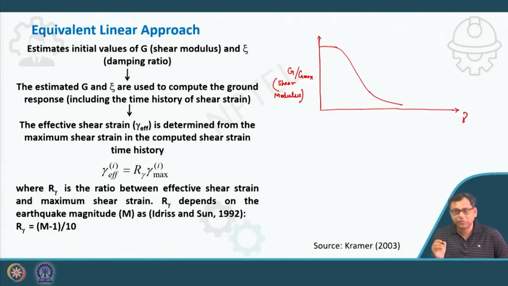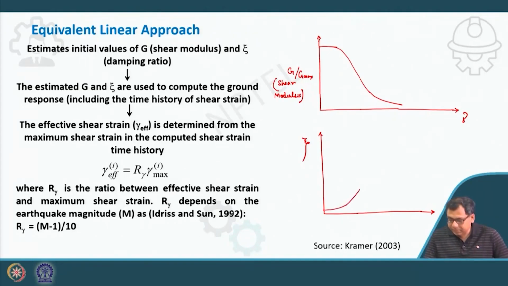So, these curves should be available. At the same time, for that soil, the damping ratio versus shear strain curve should also be available. This is your damping ratio, and you know that it increases with strain.